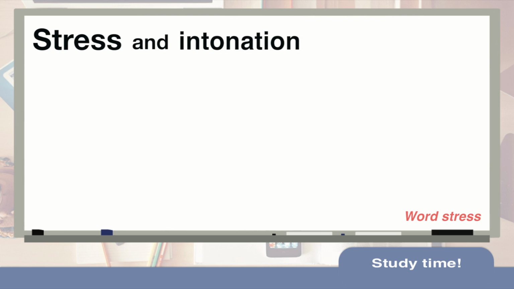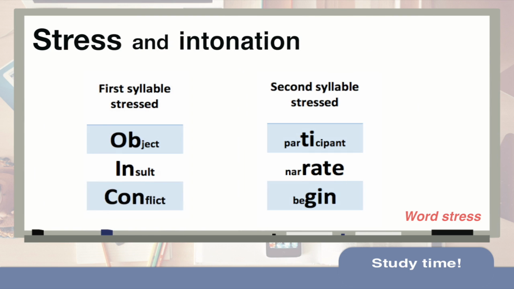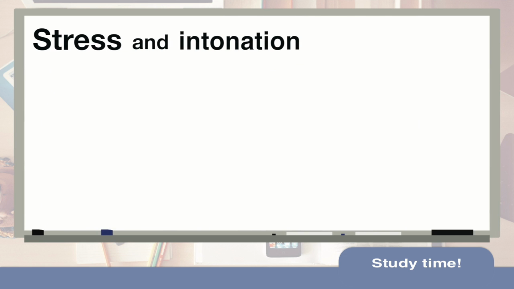The first syllable in the following words are stressed. For example, object, insult, conflict. And in the next set of words, the second syllable is stressed. Participant, narrate, begin. It's important when learning new vocabulary to understand where the stress is.